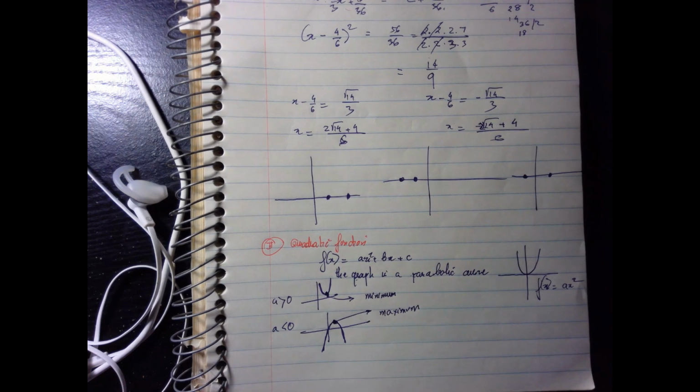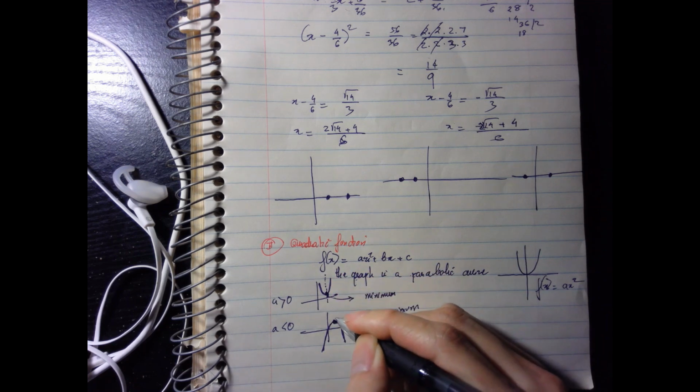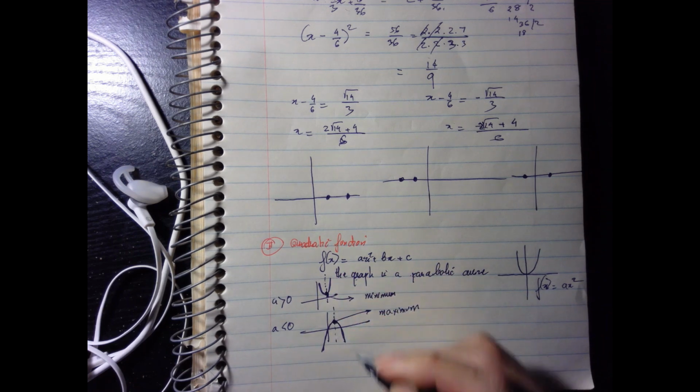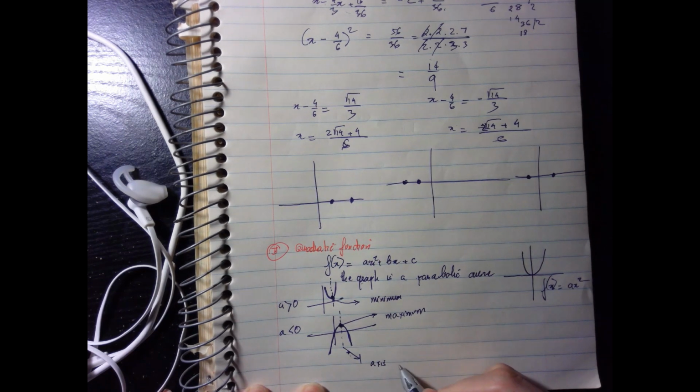The vertical line that goes through the maximum or minimum point, for example, in this picture is this line, and in this picture is this line. Both of these two lines we call the axis of symmetry.